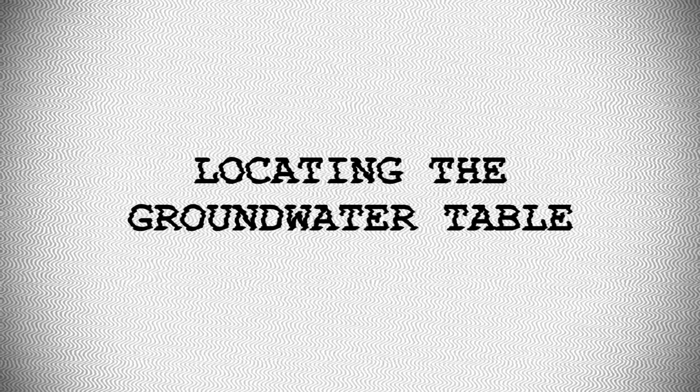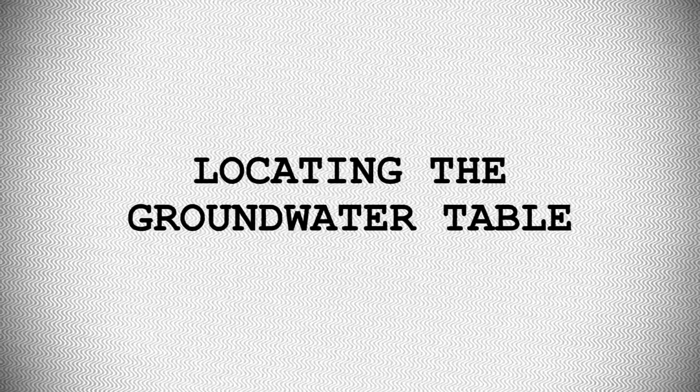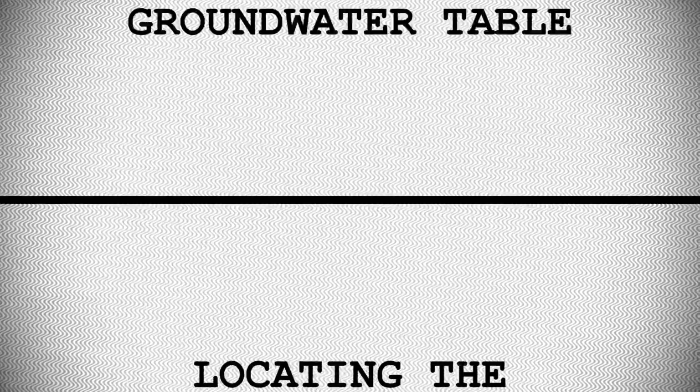Locating the groundwater table. To locate groundwater accurately and to determine the depth, quantity, and quality of the water, several techniques must be used, and the target area must be thoroughly tested and studied to identify hydrologic and geologic features important to the planning and management of the resource.